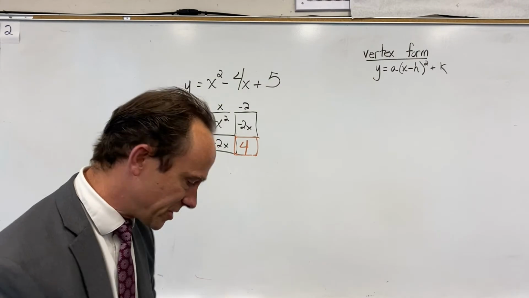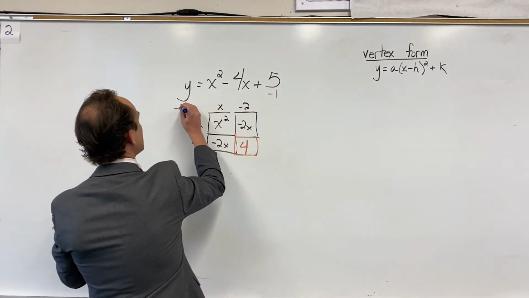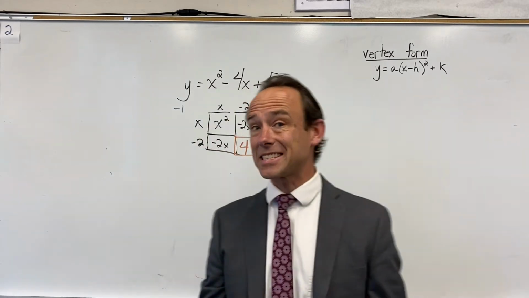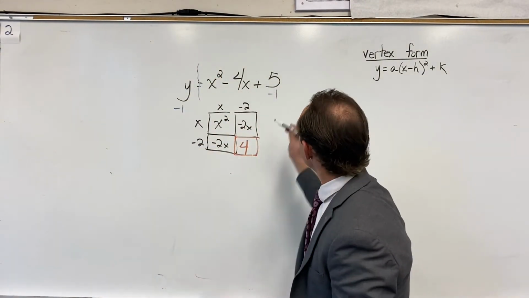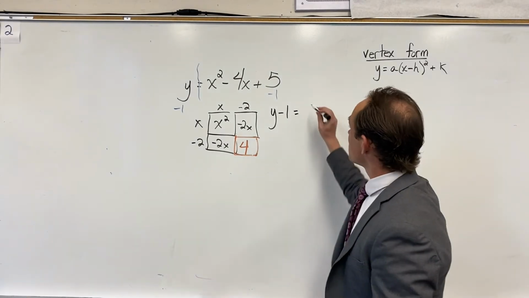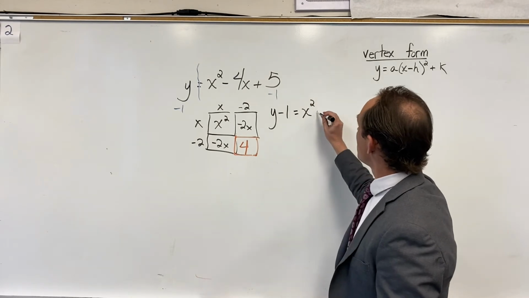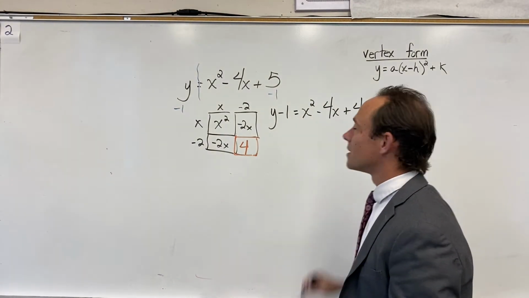So you know what I'm gonna do? I'm gonna subtract 1. Awesome. Last time we added, this time we subtract. It is all good. So that means that y minus 1 is equal to x squared minus 4x plus 4.